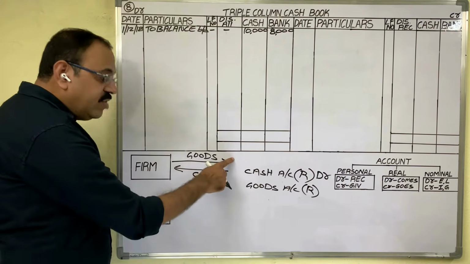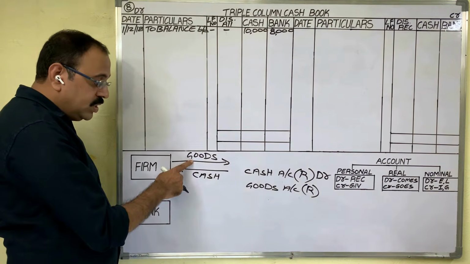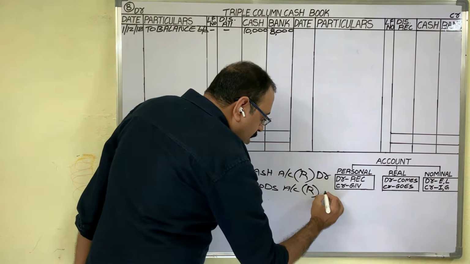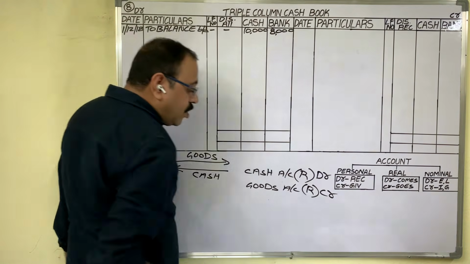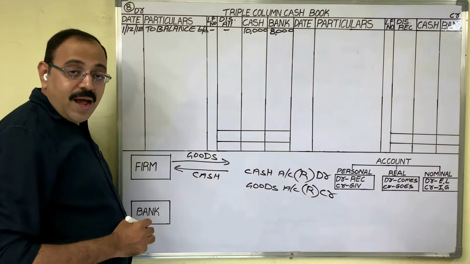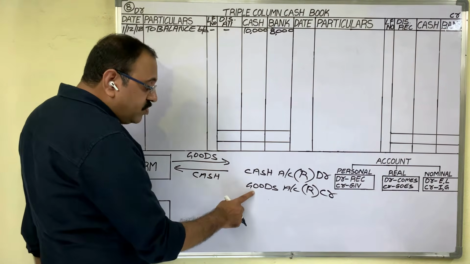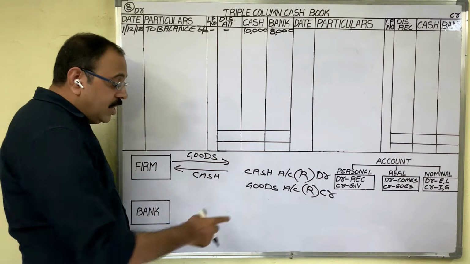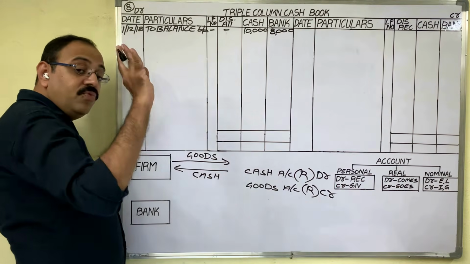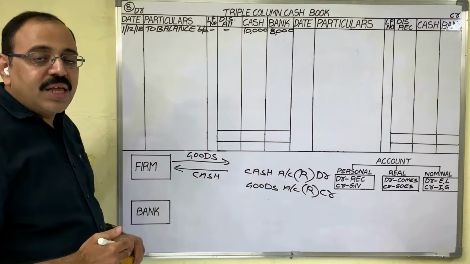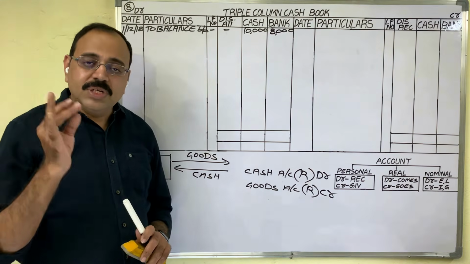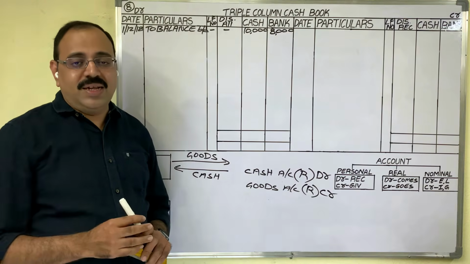Which asset is going from the firm? Goods. Credit what goes out is applicable. As per that, goods account we have to credit. And remember, the word goods we should not write in the journal entry because this word goods comes in four cases: in the case of purchases, sales, purchase returns, sales returns.